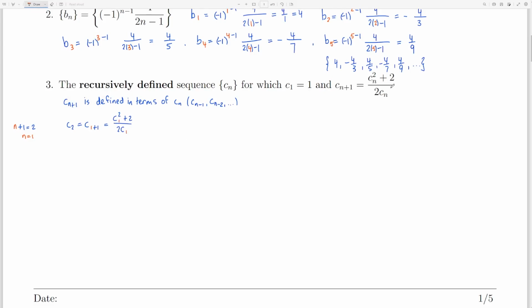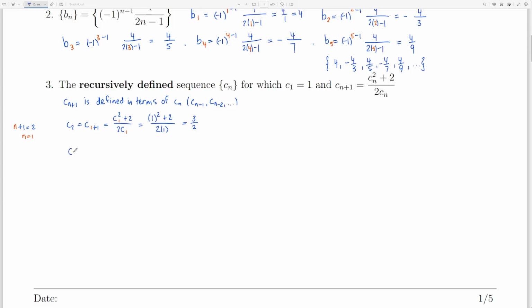Again, I'm using n equals 1 for C2 in the formula. Now we can plug in what we know for C1. C1 is 1, so we square that, we add 2, and then we divide by 2 times 1. And that value gives us 3 over 2.